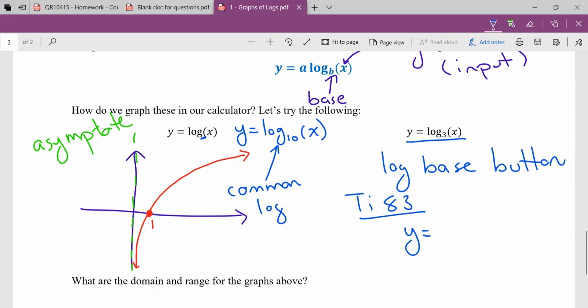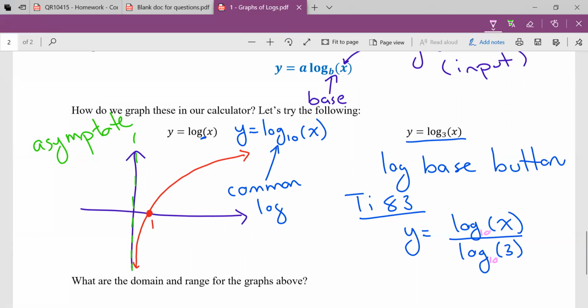What I'm going to do is split this log up into two different logs, like this. It's on my formula sheet, and I'll explain in a later lesson how this works. But for now, what I did was the argument, the x, went to the numerator, and the base went to the denominator. And if you notice, I made it into a common log.